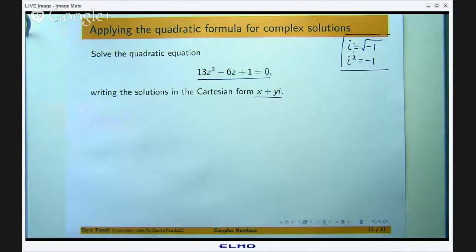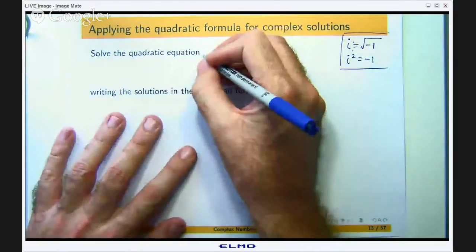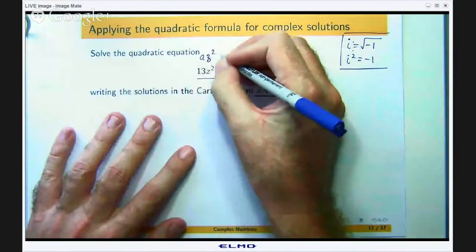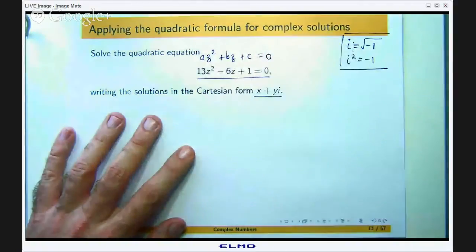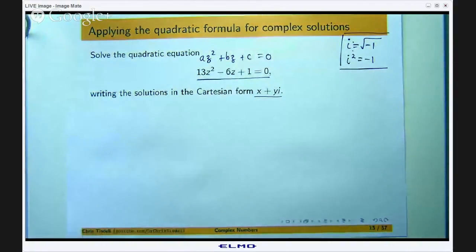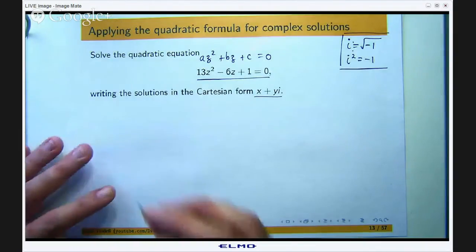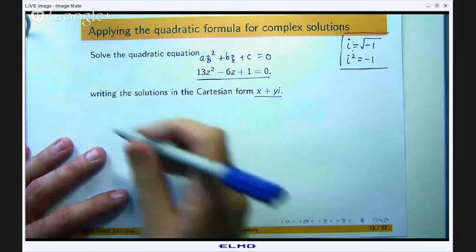You would identify the coefficients a, b, and c, and you would plug them into the quadratic formula, and then you would try to simplify. Now, the challenging thing with this case is that the b squared minus 4ac under the square root sign in the quadratic formula is going to be negative. Okay, so I'm just going to show you how to work through that.